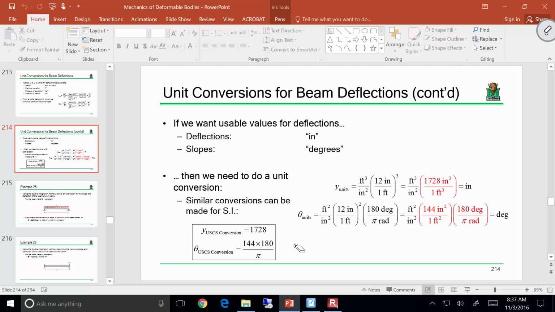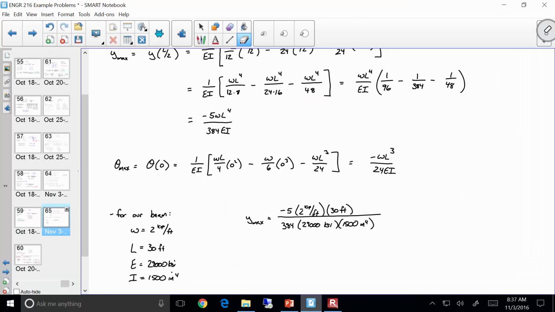So I propose what we're going to do is this. Multiply this times 1728. And the reason why is because that's cubic inches per cubic feet. And that'll get everything into an answer that's in inches.